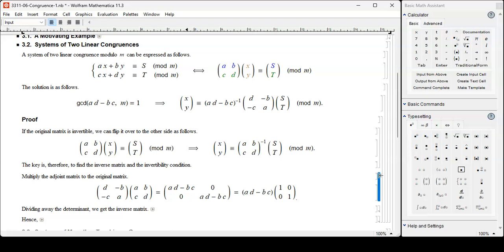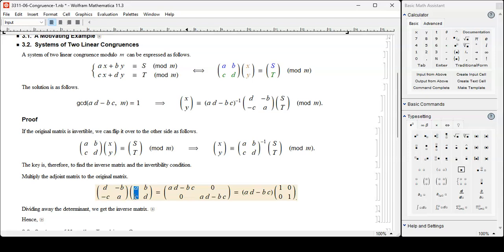Multiply the adjoint matrix to the original matrix, and do the matrix multiplication. First row times first column, AD minus BC, so we have that. First row times second column, DB minus BD, that's 0.